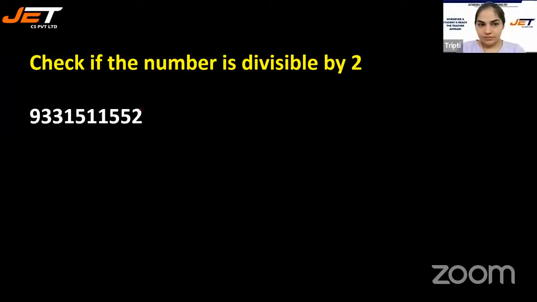If it's odd, it's not divisible by 2. 2, it is an even number. So yes, this is divisible by 2. Let's be quick here. Next, is this number divisible by 2? Is it an even or odd number? Even number. So yes, it is divisible by 2.